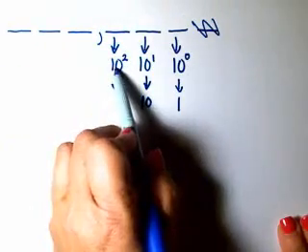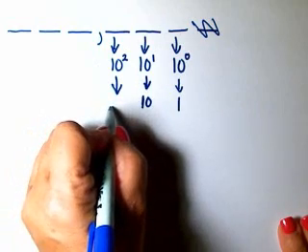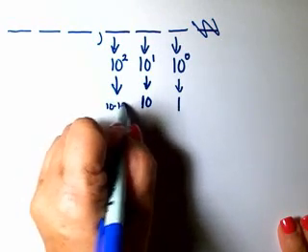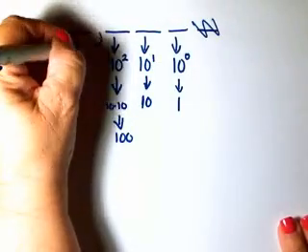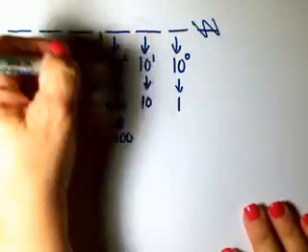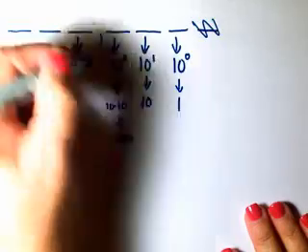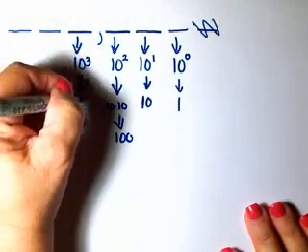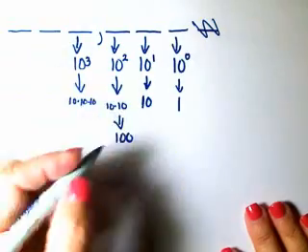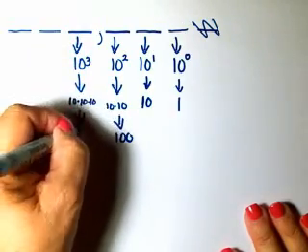Then this means 10 times 10, or 100. The next power would be 10 to the third power. Now, that's 10 times 10 times 10, which is 1,000.